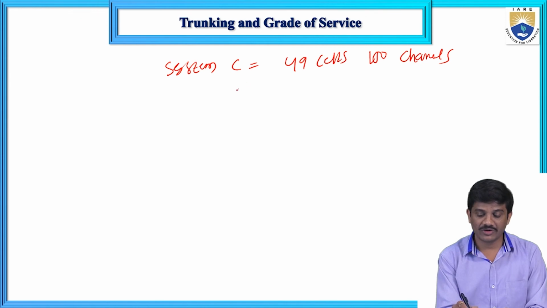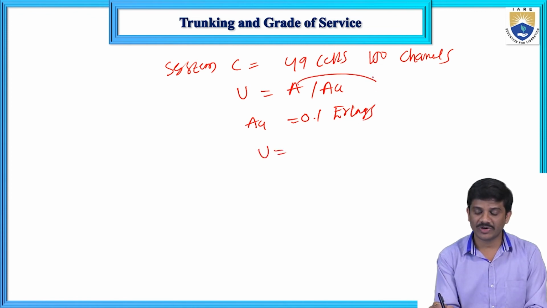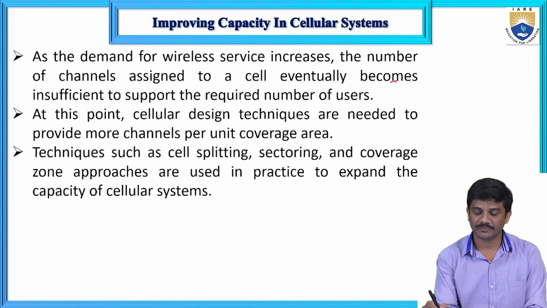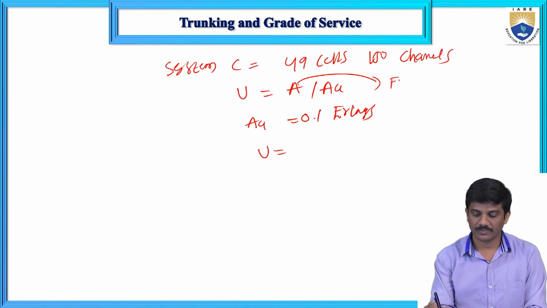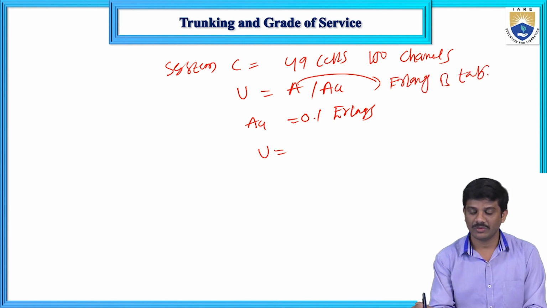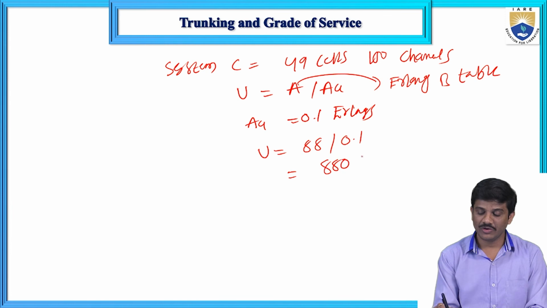Then we can find U equal to A by AU. We already found the AU value, that is 0.1 erlangs. Then we substitute. We can find this from the Erlang B table. Then we get 88 by 0.1 erlangs, which gives 880 users.